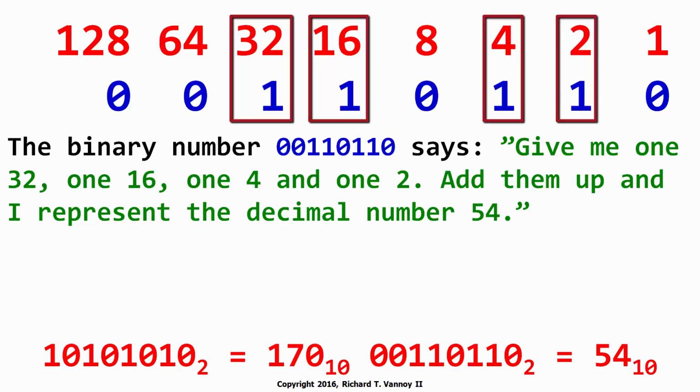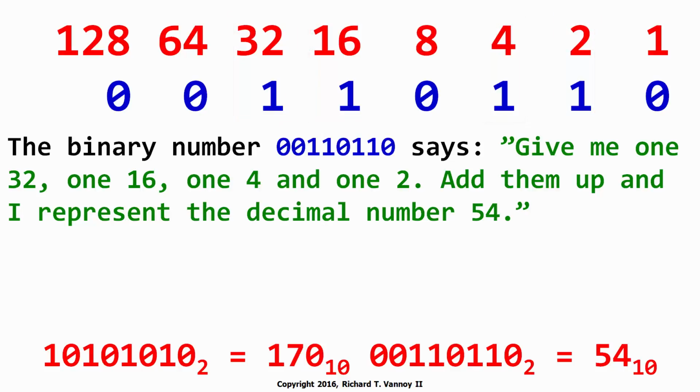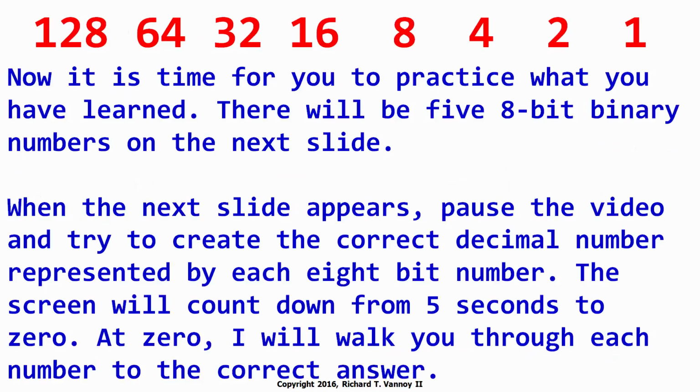If I add those 4 numbers up, 32, 16, 4, 2, I get 54, and I've got the correct answer. That's all there is to it. It's that easy. And you'll find when we get to hexadecimal and octal, it's the same idea. We just put different column weights at the top of the screen, and we're still going to get the right answer each time.